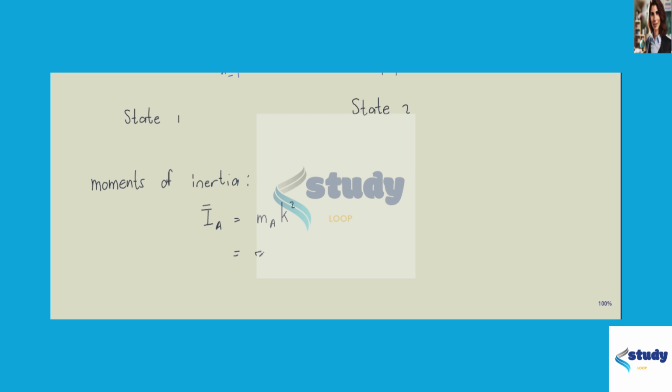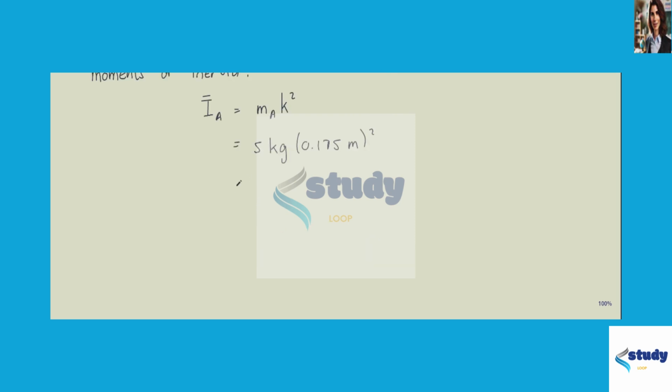This is equal to 5 kg times 0.175 meters squared. And so we get the moment of inertia to be 0.153125 kg meter squared.